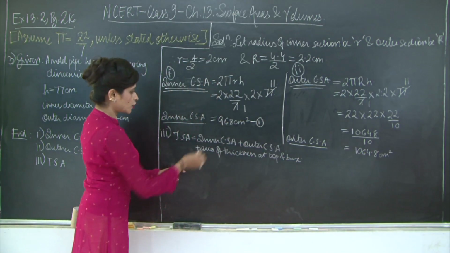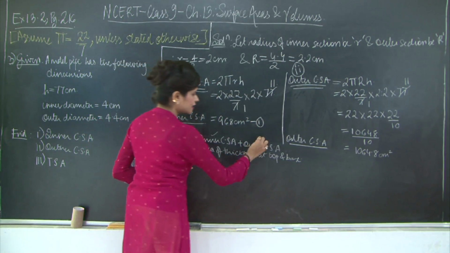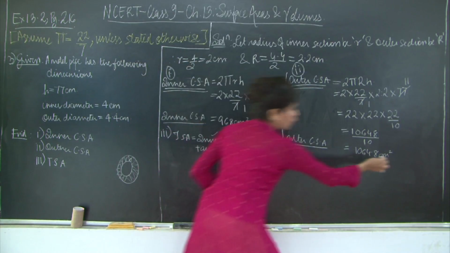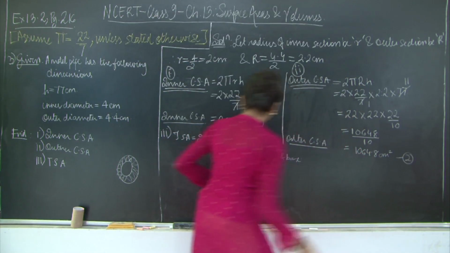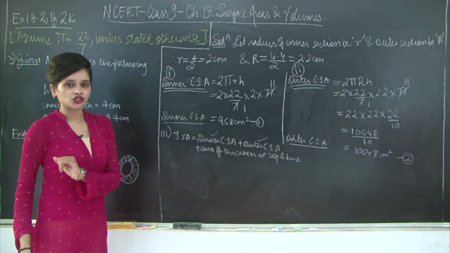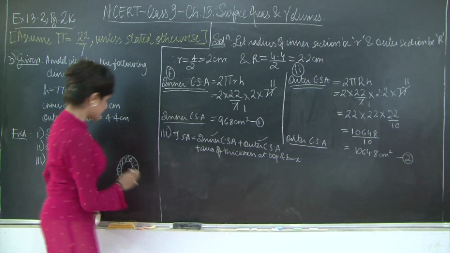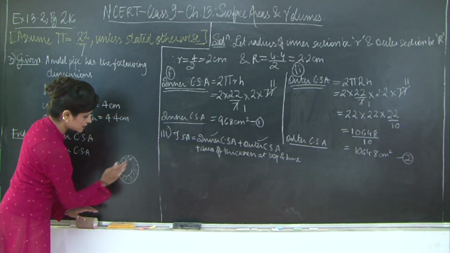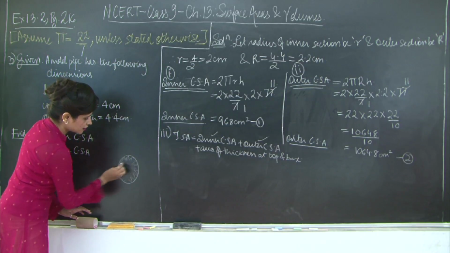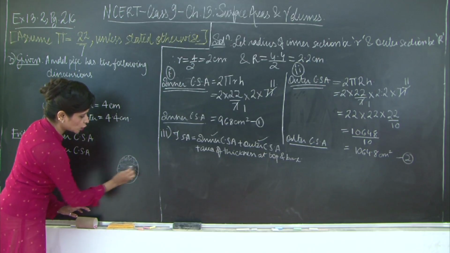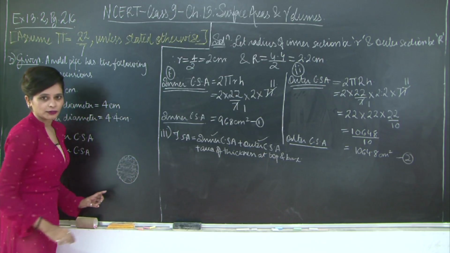right? So first of all, we have the inner curved surface area and the outer curved surface area from 1 and 2. What about the area of thickness at the top and base? Now see, if this would have been an entire circle out here, let's consider this is what the lid would look like if it was not cut from the center.